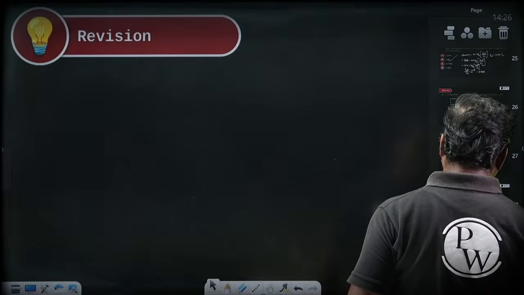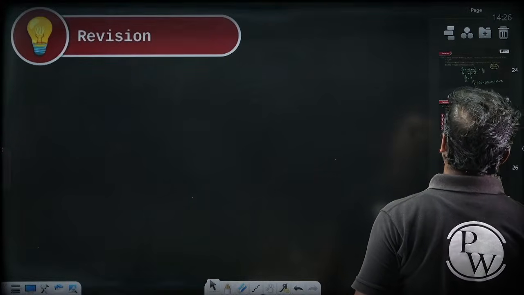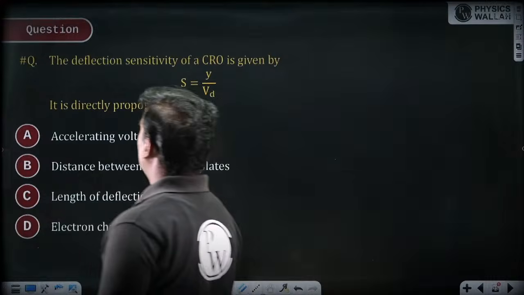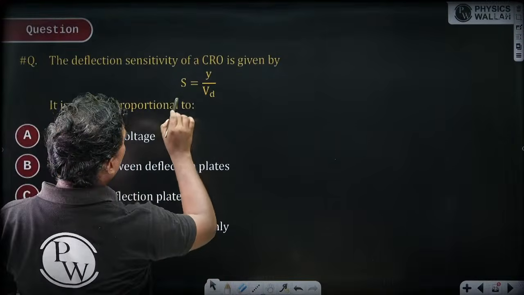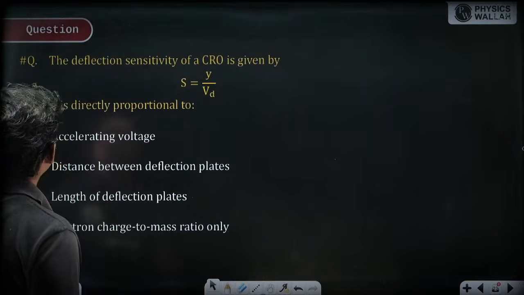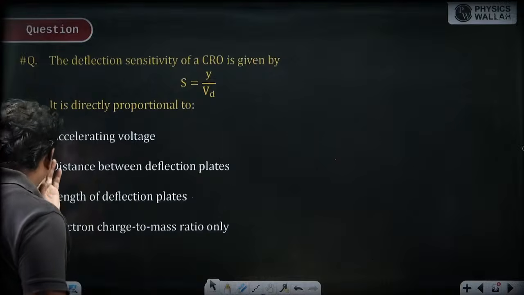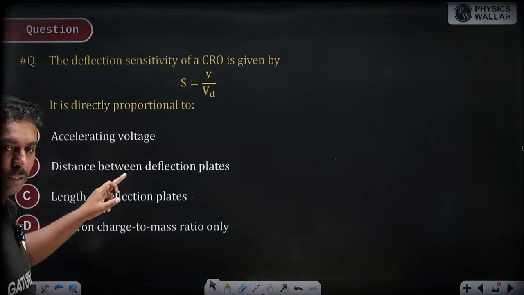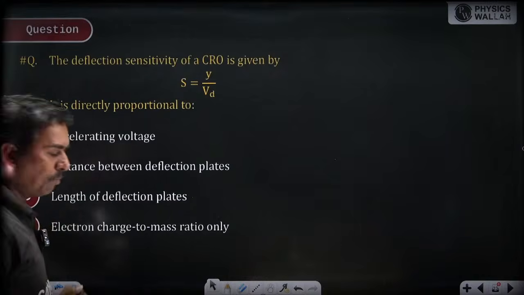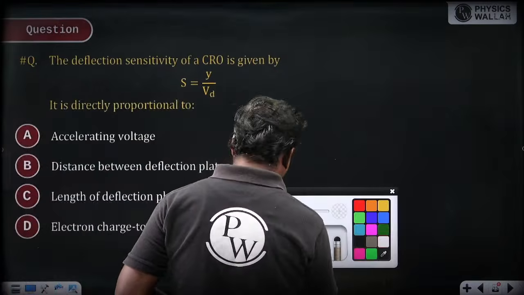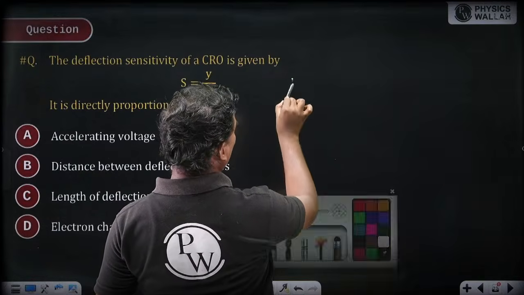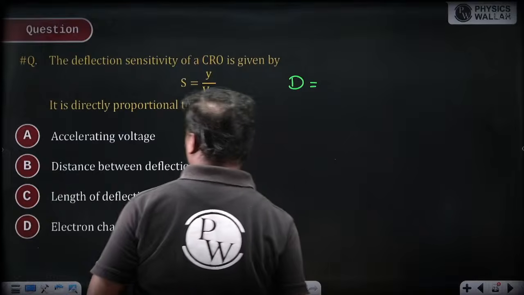See, now before going, what is the answer for this question? The deflection sensitivity of CRO is given by S is equal to Y by VD. It is directly proportional to dash: accelerating voltage, distance between the deflecting plates, length of the deflection plates, electron charge to mass ratio only. See, in CRO, deflection sensitivity is different.